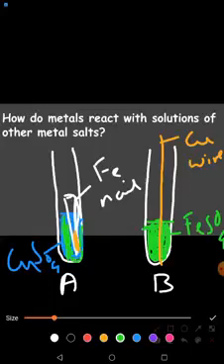Remember, initially copper sulfate is a blue color solution. So when the iron nail is dropped into it, a reaction takes place, and because of that copper gets deposited at the tip of the iron nail and the solution which was blue in color becomes green in color. And in test tube B you will not find any reaction taking place.